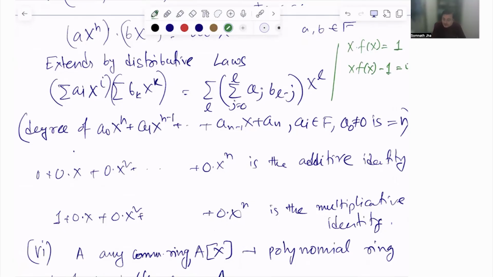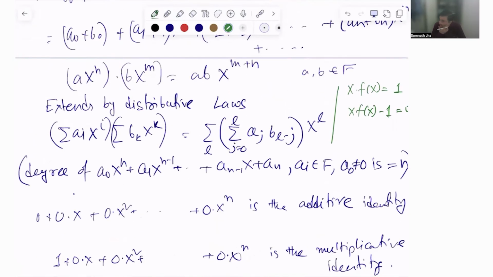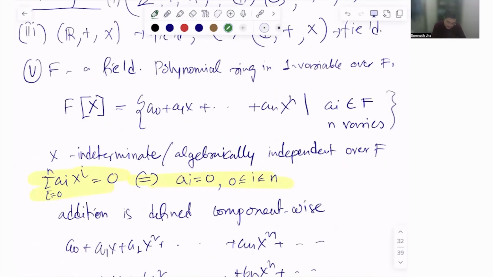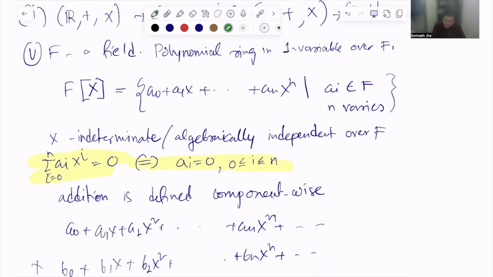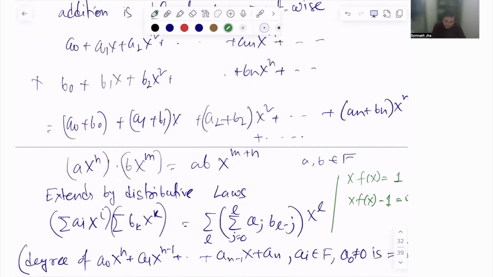That means x satisfies a nonzero polynomial over f, but that is the definition where f(x) is not equal to 0, right? So x satisfies a polynomial, but this is a contradiction. So that's not possible. x is algebraically independent, so x cannot satisfy this. So this is a contradiction, so this is not a field. So f[x] is not a field.